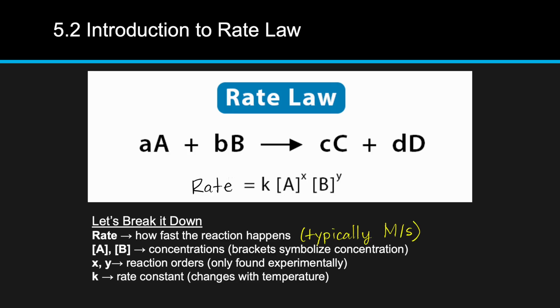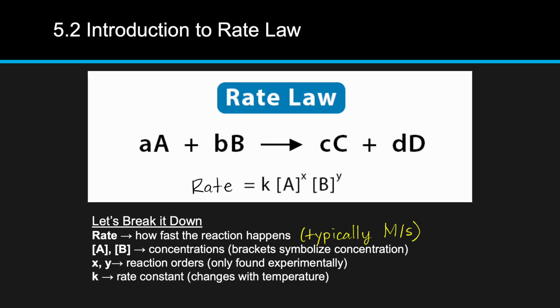In our rate law expression, we also have our reactants that are enclosed in brackets. And when something is enclosed in a bracket, we are going to assume that that means concentration, or again, typically molarity. The exponents x and y are called reaction orders, and they describe how strongly each reactant affects the reaction rate.